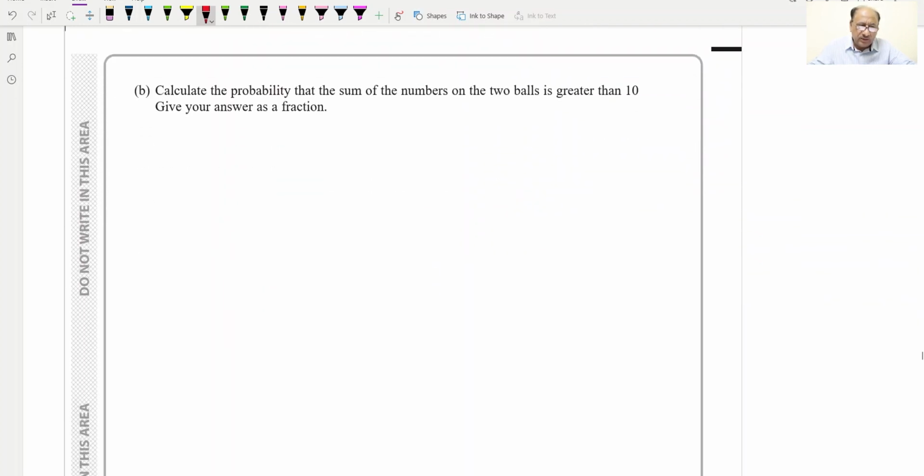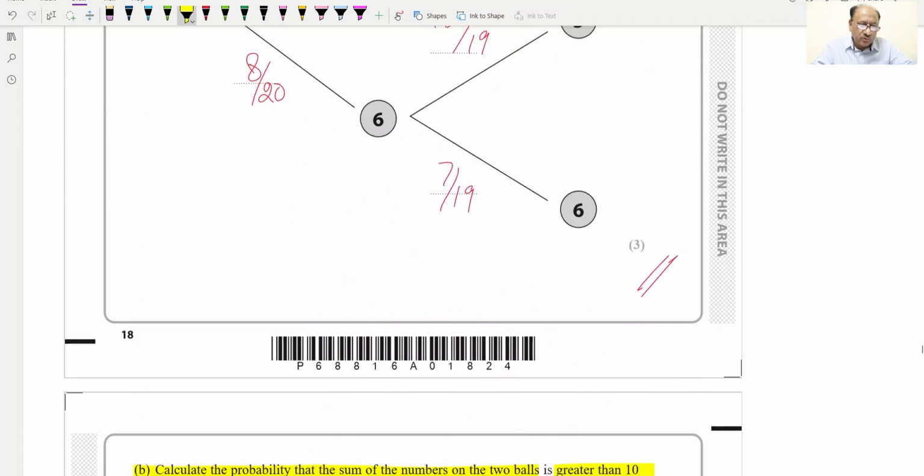Now for the second part, part B says calculate the probability that the sum of the numbers on the 2 balls is greater than 10. Give your answer as a fraction. So which sums are greater than 10?